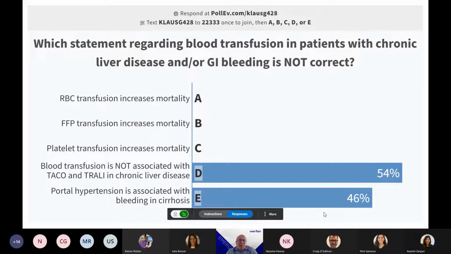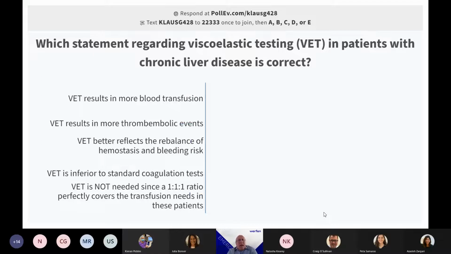And it's true that the best predictor of bleeding in cirrhotic patients is portal hypertension. And that's maybe the main reason why in this setting, liberal red blood cell and plasma transfusion is associated even with an increase of bleeding and also an increase of mortality.